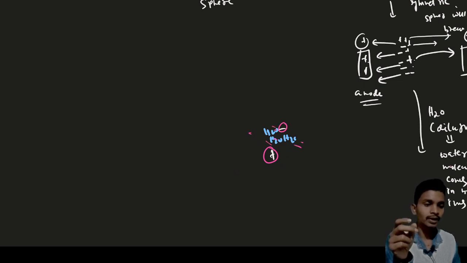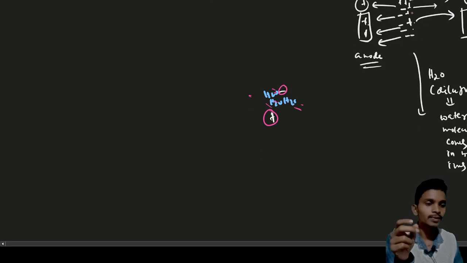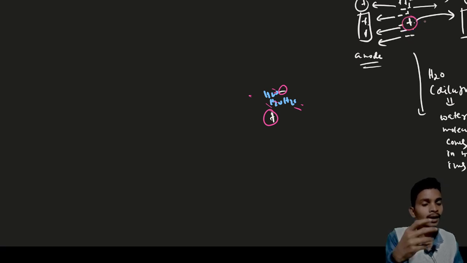It means the attraction between the positive charge and negative charge decreases because the water molecules come in between. So this positive charge can easily move towards the cathode.